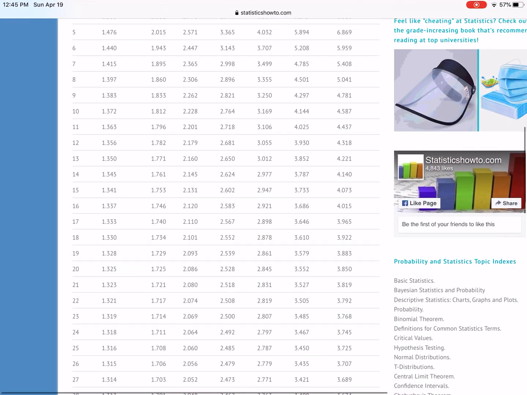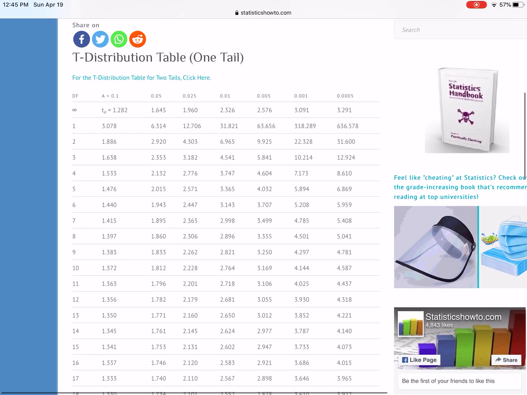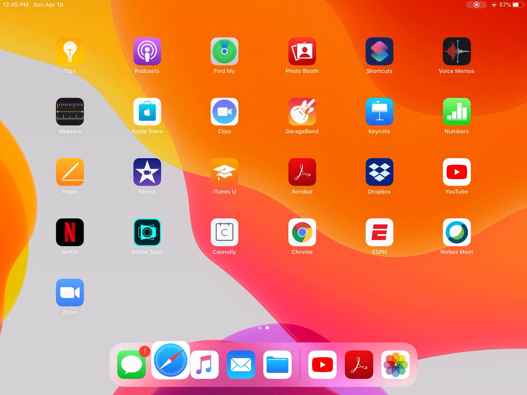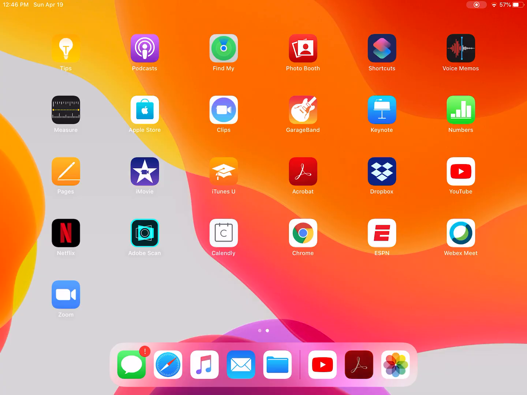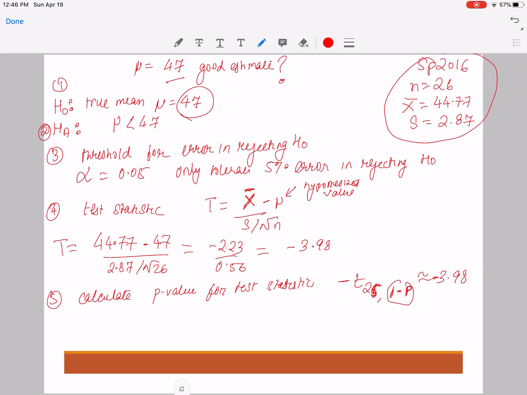Well, this is 3.725, and that is 0.0005. This should be p. So actually, you know what? P is certainly less than 0.0005 in this case.